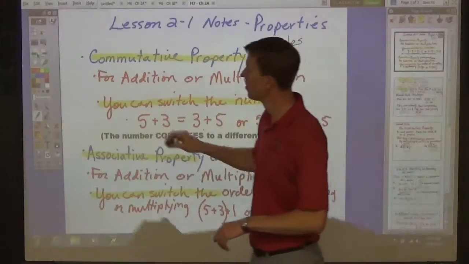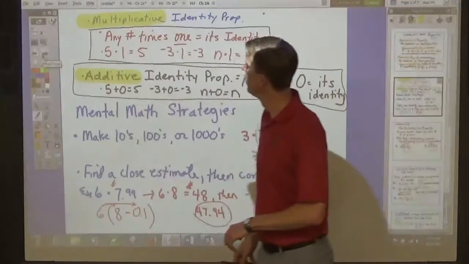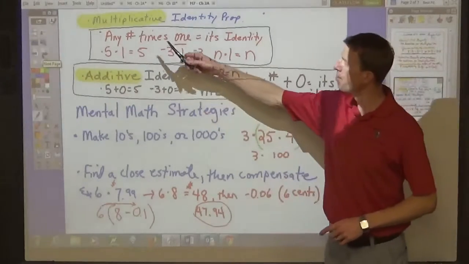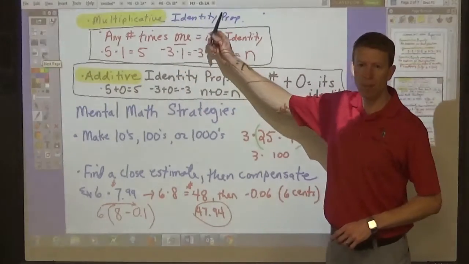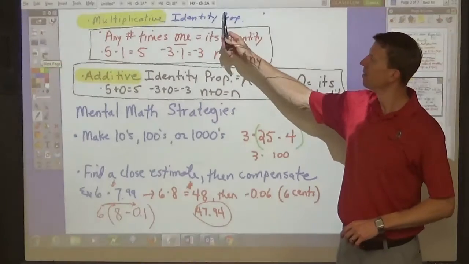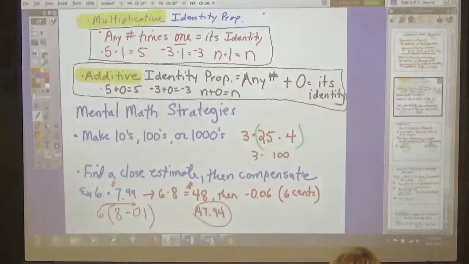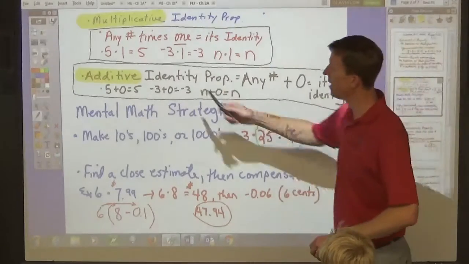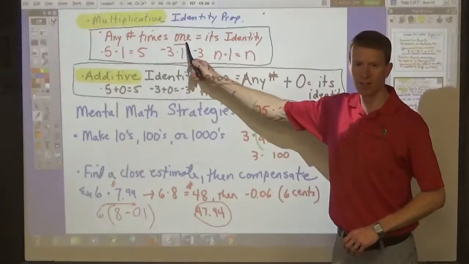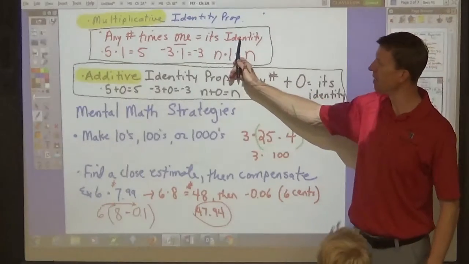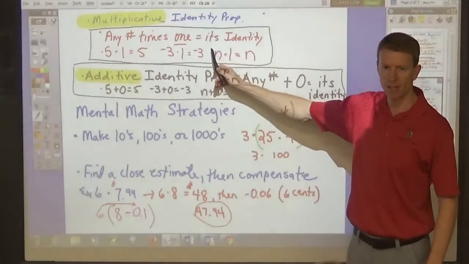Okay? And then, we've got two identity properties to talk about. My favorite one, multiplicative identity property. That's the identity property of multiplication. And that says that any number times 1 equals the number's identity. All right?